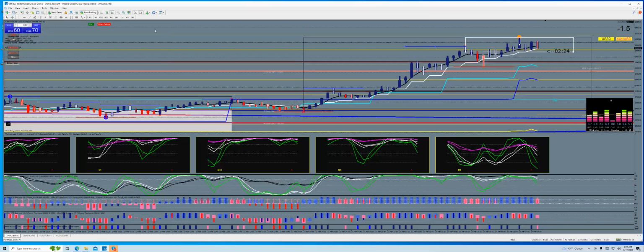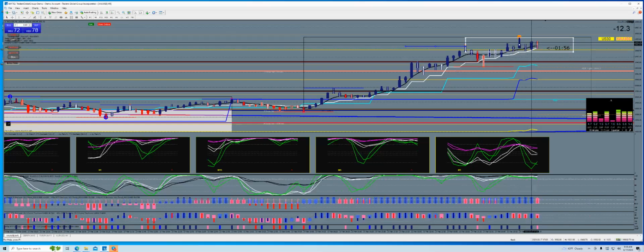All right, so let's see what happens. If I don't want to take that gamble, I would have been able to get out at almost break even, minus 1, 2, 3 pips.